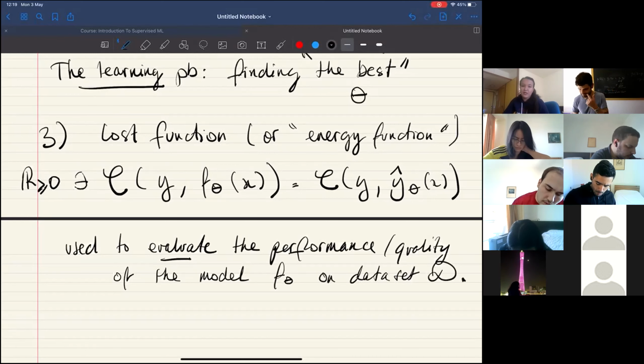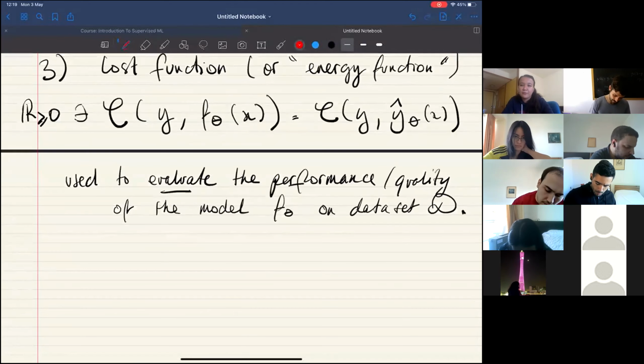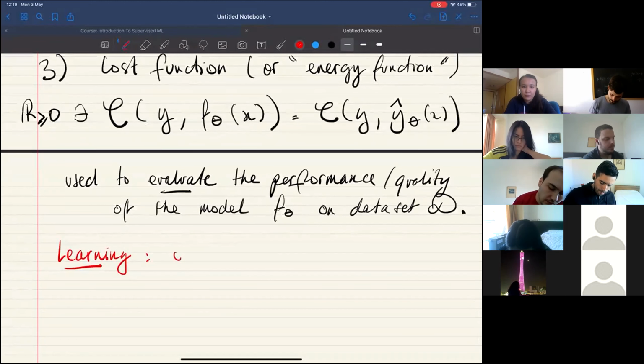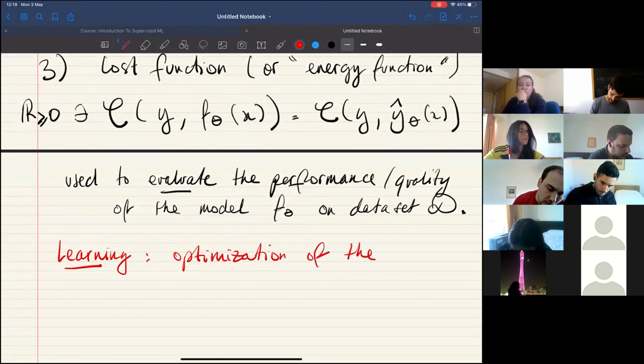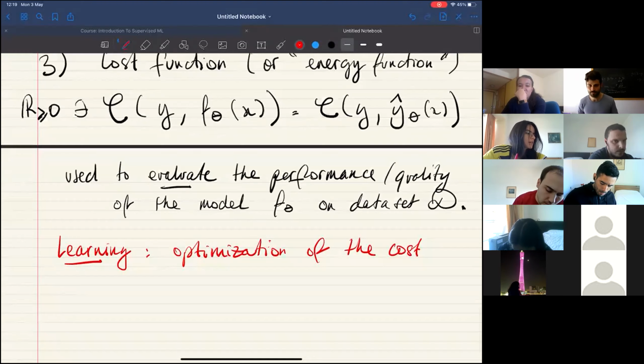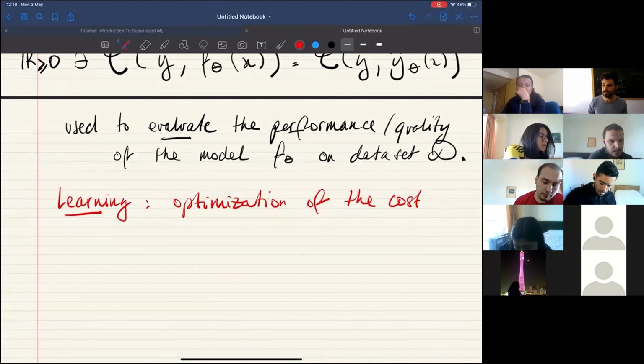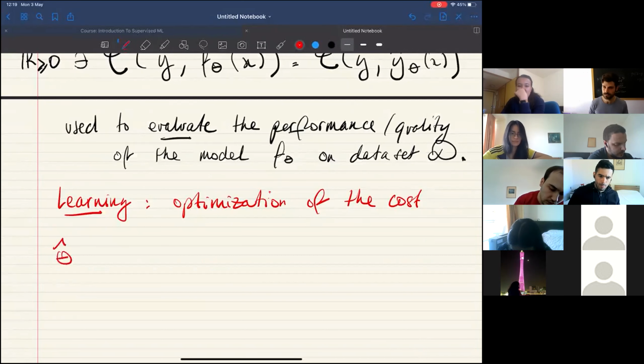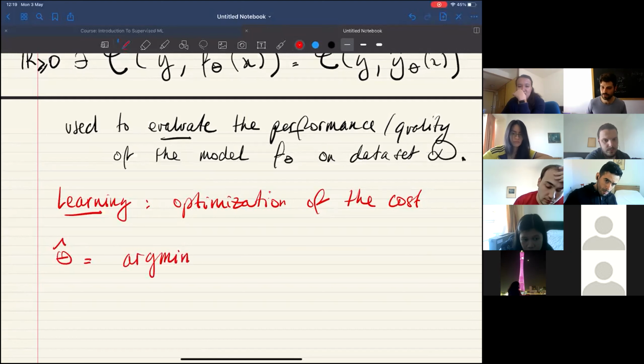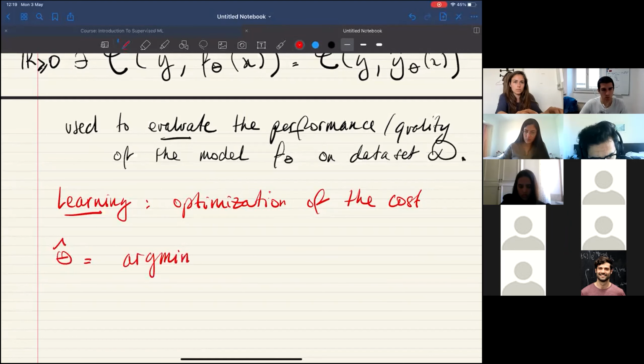And so learning is what? This is just optimization of the cost. So what do I mean by that? Learning here, concretely, means finding the theta hat, which is the minimizer, so it's the argmin. If someone is not familiar with what argmin is, just tell me.